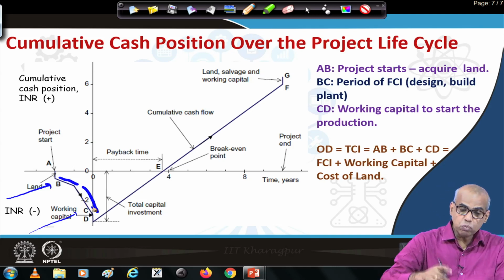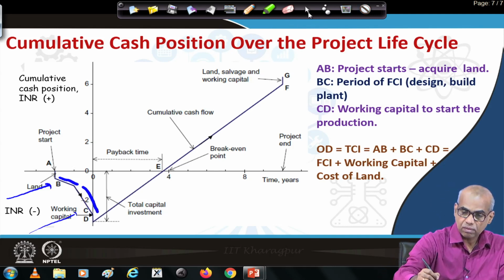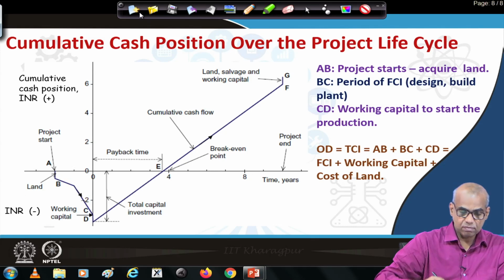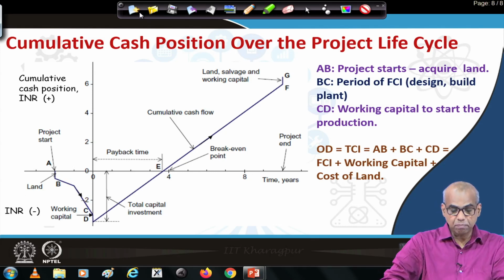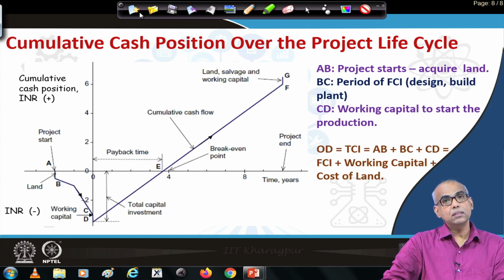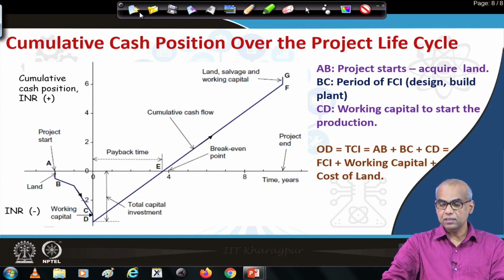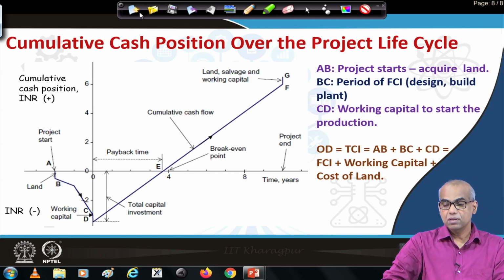Now, when you come to point C, you have constructed the plant. Now, you need money as working capital to start the production. So, CD represents the working capital to start the production.